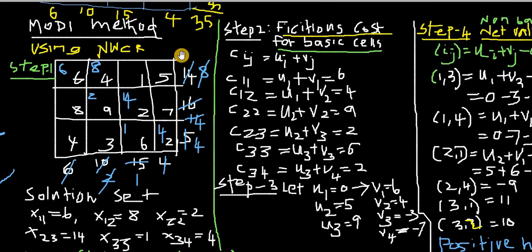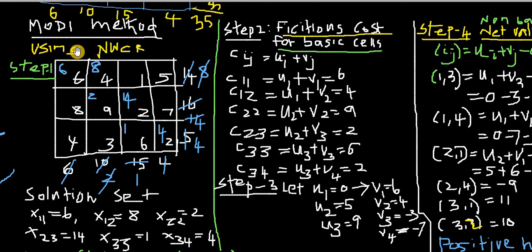Now look at this. By the northwest corner rule, our first assignment goes to this particular cell, the first northwest corner cell. I mean, how much we can transport from this production center to these destinations.